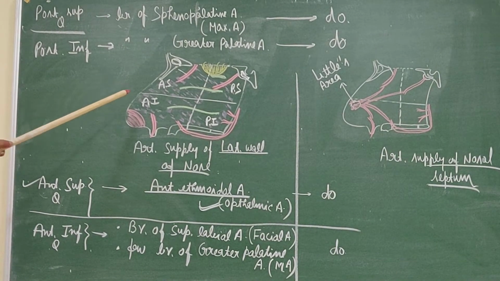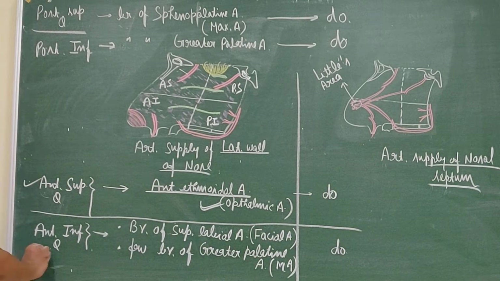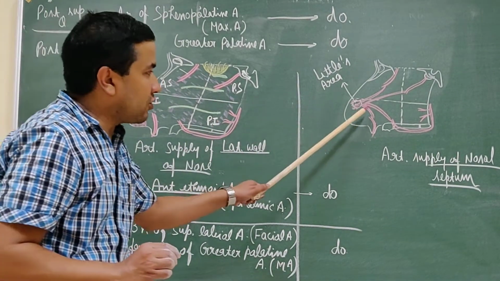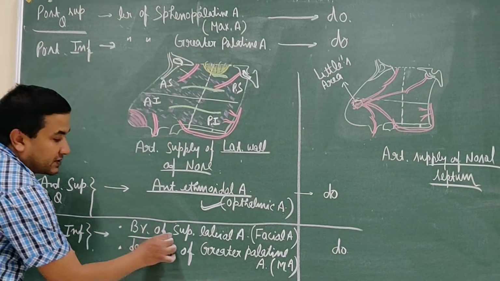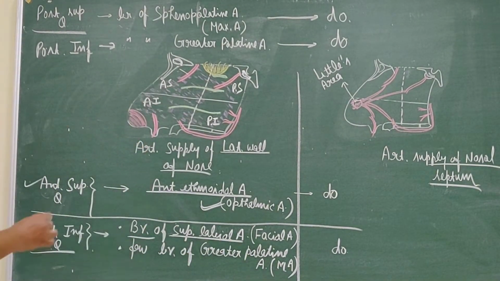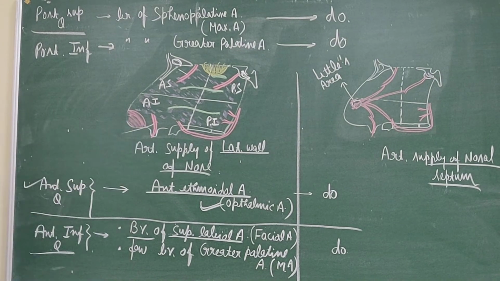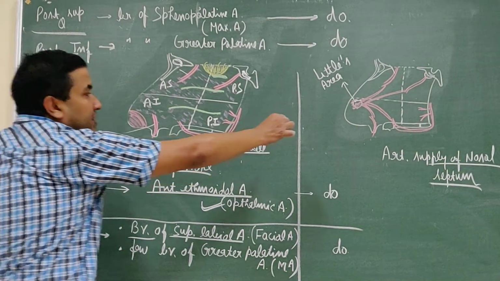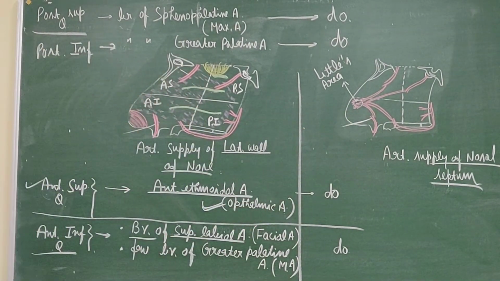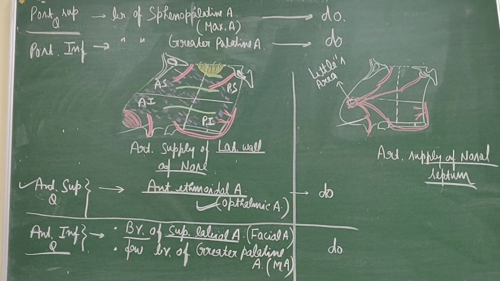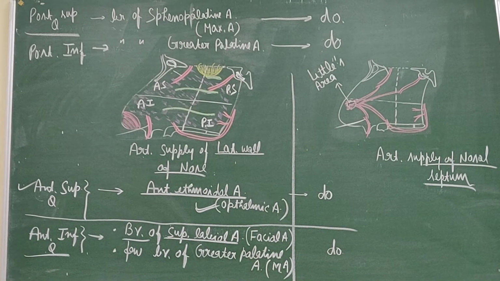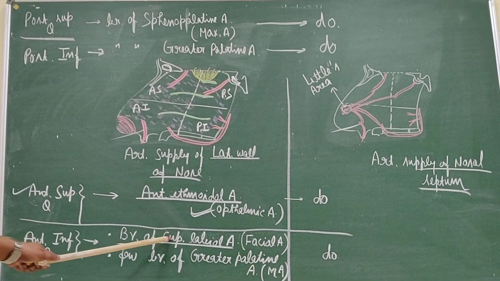Now the anteroinferior quadrant. This anteroinferior quadrant is supplied by the branch from the superior labial artery. The superior labial artery is a branch of the facial artery. The facial artery gives the superior and the inferior labial artery.